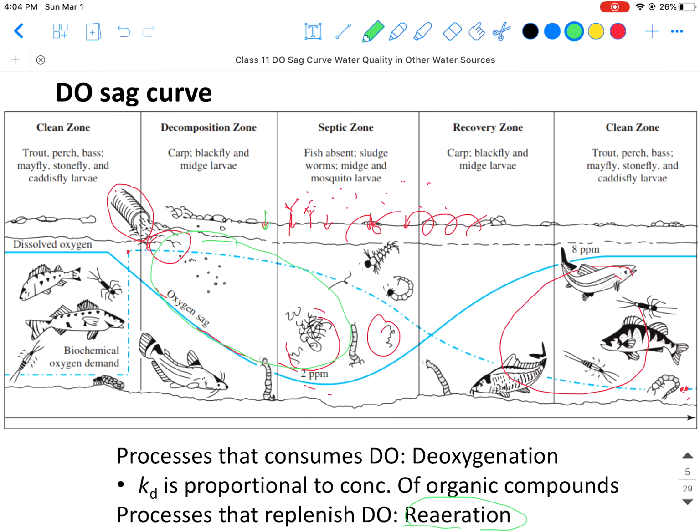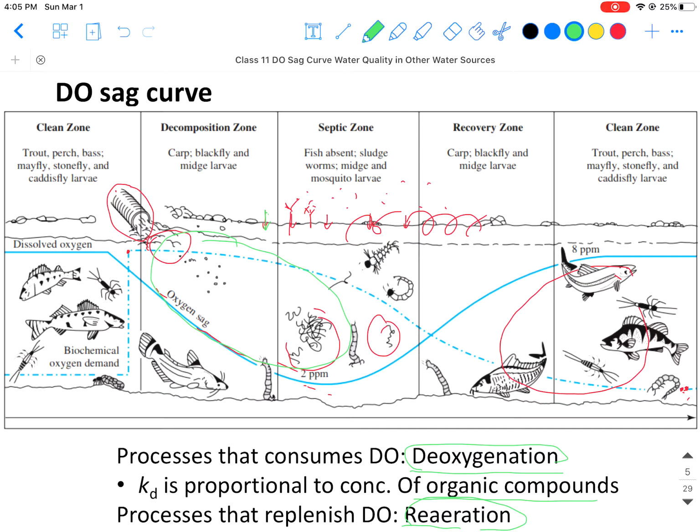And further, if we look at the rate for these two processes, let's say the oxidation rate or the deoxygenation process, which is reducing the dissolved oxygen concentration in the water, you can see that the rate of the deoxygenation should be proportional to the concentration of these organic compounds, right? So basically, the more polluted species that we dump into the river, the higher the rate of deoxygenation.